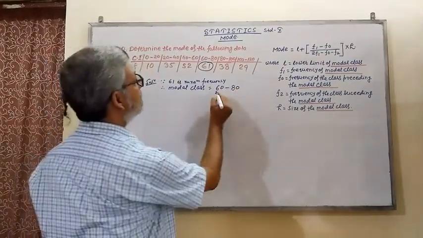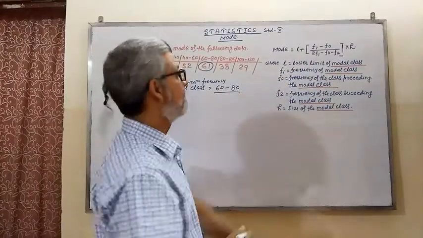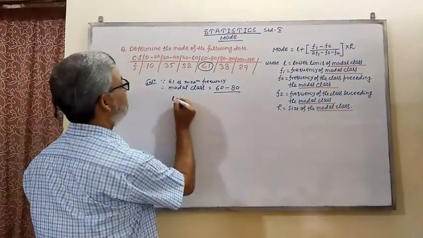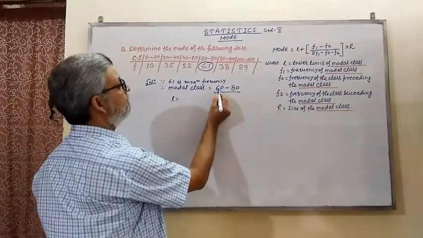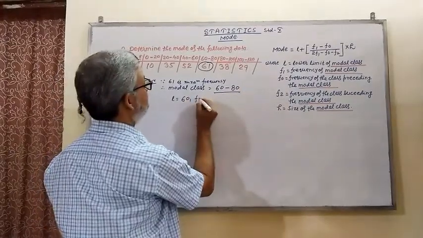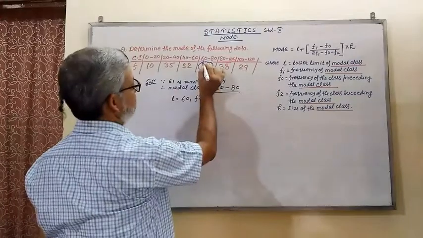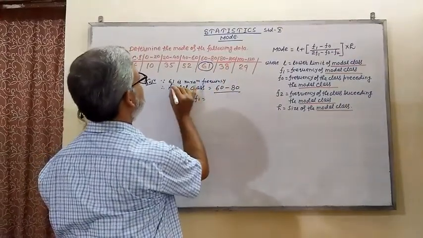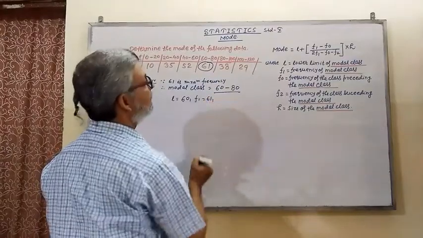Now when we get the modal class, each value can be found. L means the lower limit of the modal class, so the lower limit of this modal class is 60. Then F1 is the frequency of the modal class. Naturally the maximum frequency is 61 and that is the modal class. So F1 is equal to 61.